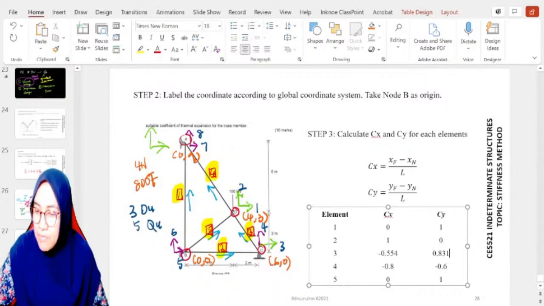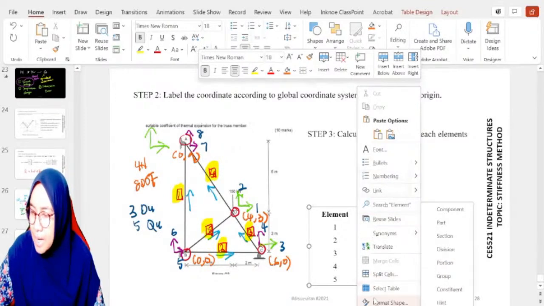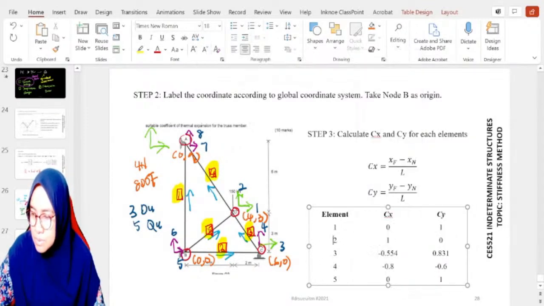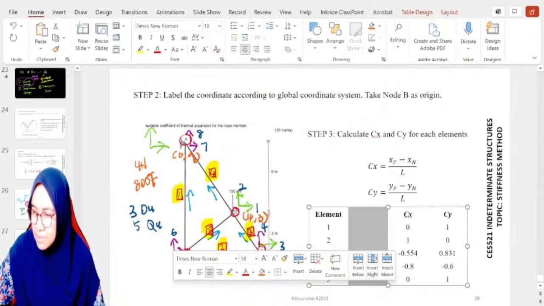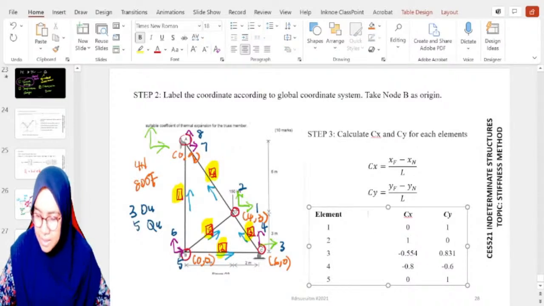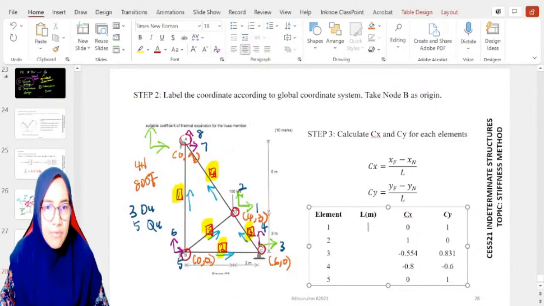For element number 4, of course we need to identify the length first. Maybe the best thing here is to add another column for length. Insert. I want to put L here, in meters.